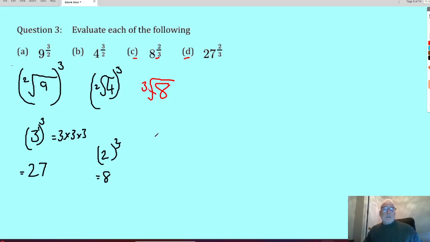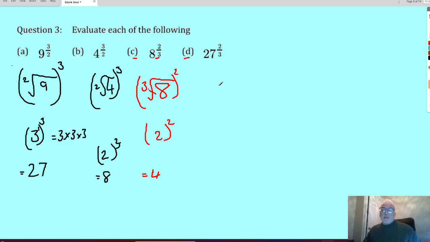So we know the cube root of 8 is going to give me 2. And the top number, the numerator on my fraction, we're raising to that positive power. So 2 squared is going to give me 4. So 8 raised to the 2/3 power would give you 4.